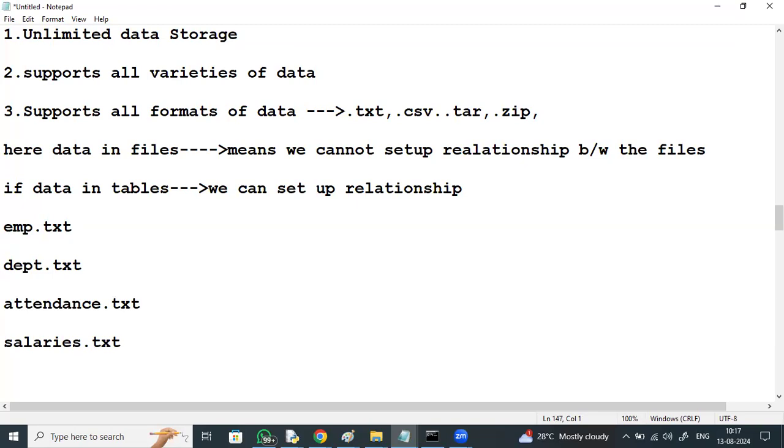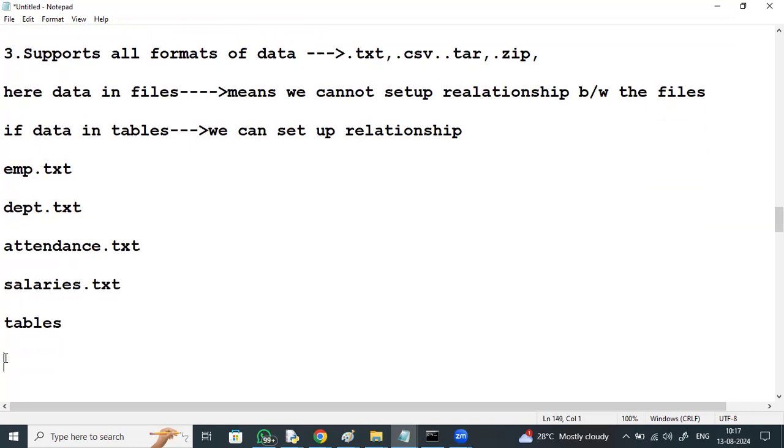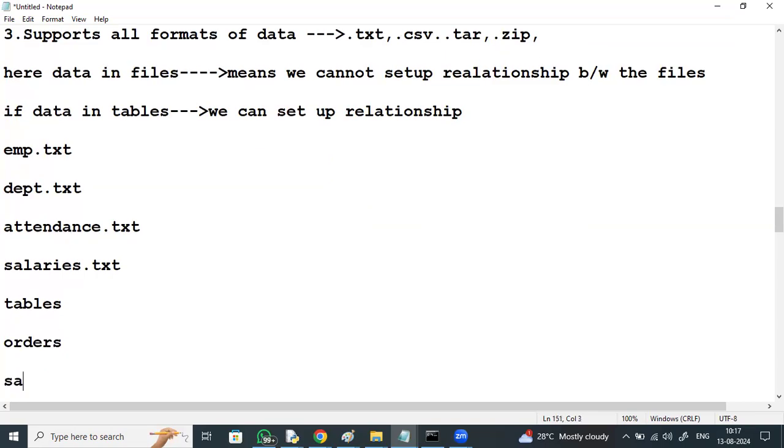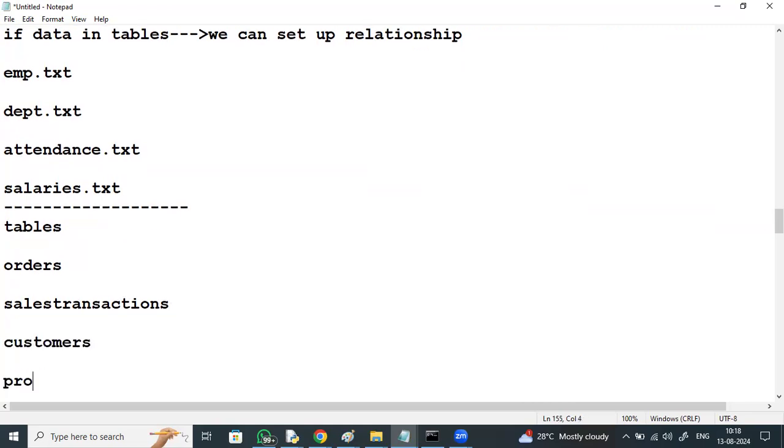For example, observe these following tables. Orders is one table. Sales transactions is one more table. Customers, products.